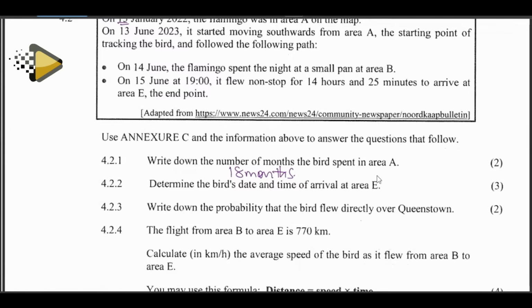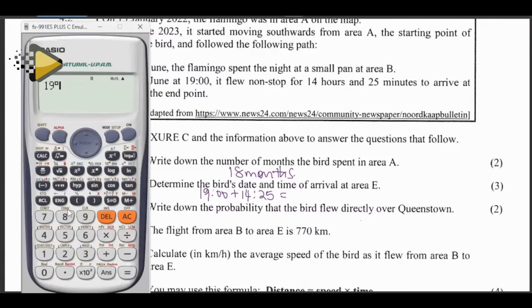So determine the bird's date and time of arrival in E. Now, if it flies for 14 hours from 19 hours, so meaning we're going to add then 19 hours plus the 14 hours 25 minutes. When we add them up, you will see that we get a weird number, but don't worry.